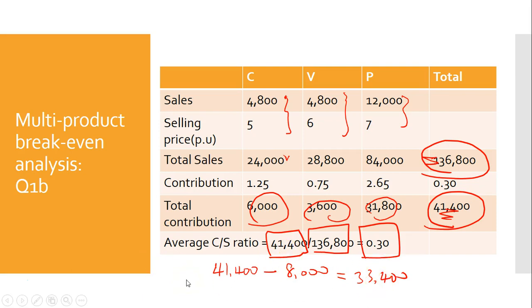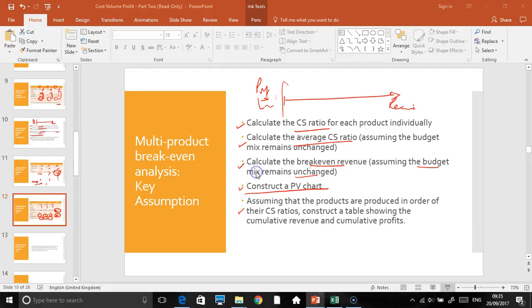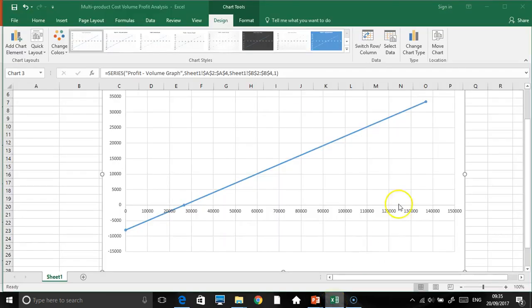If I now go back to this chart, that's the 8,000, that's the 26,667, and over here, that's the 136,800. And my profit over here is about 33,400.